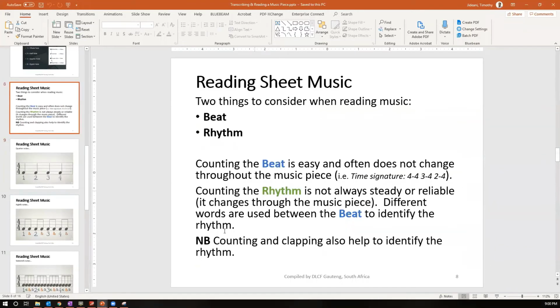Counting the rhythm is not always steady or reliable because we have different kinds of musical notes which have different rest periods, or well, different values. So different words are used between beats to identify the rhythm. Note counting and clapping, or using a metronome and then saying out the notes, can also help to identify the rhythm. So now we're going to go into the rhythm.